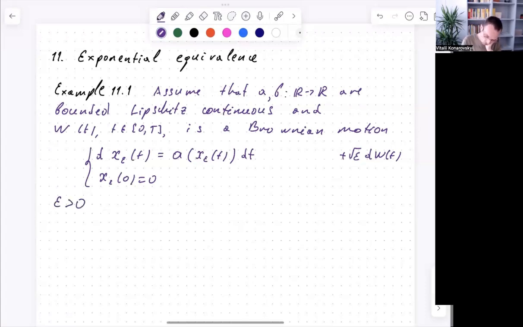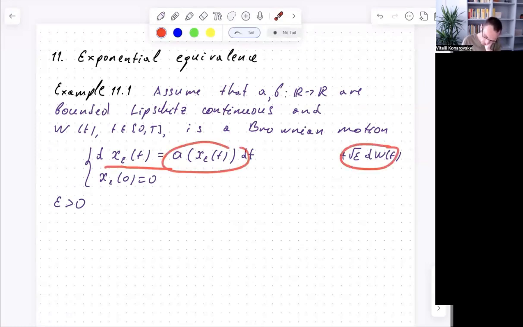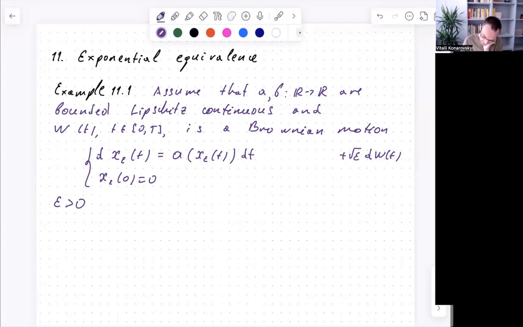We showed that the solution of this equation, where you have the drift plus the noise, satisfies the large deviation principle, and we computed the rate function precisely. Now I want to perturb that equation a little and put here epsilon and then the coefficient b of X^epsilon_t dt.